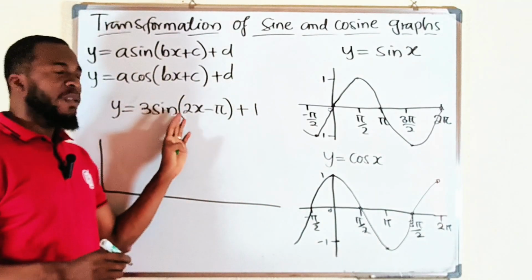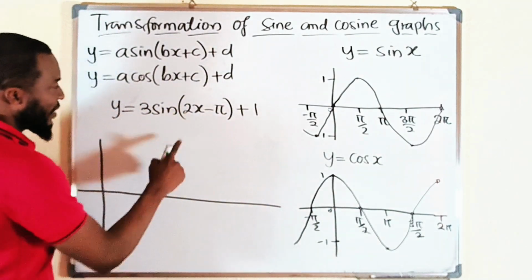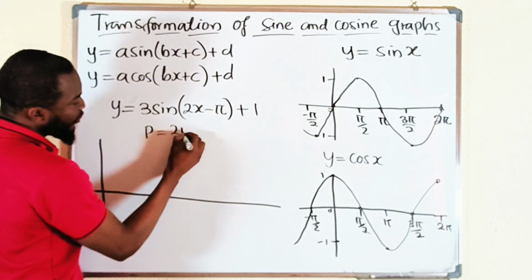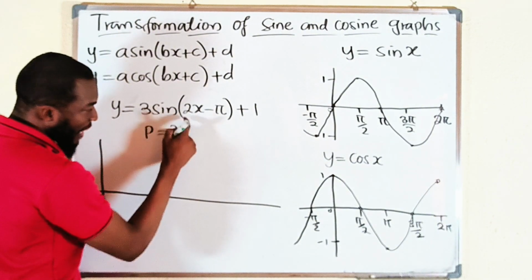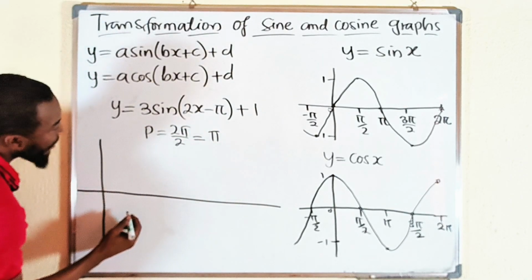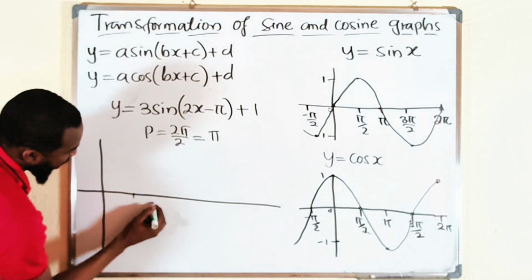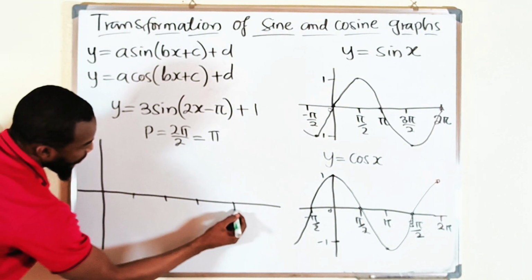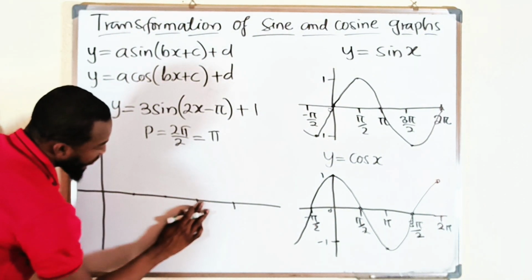I would like to talk about the period first before we do anything. You see we have 2 here. The period P will now be equal to 2 pi divided by that B, which is 2, and our graph will stop at pi. So I have 1, 2, 3, 4. Okay, let me make it small because I know it is going to be shifted.